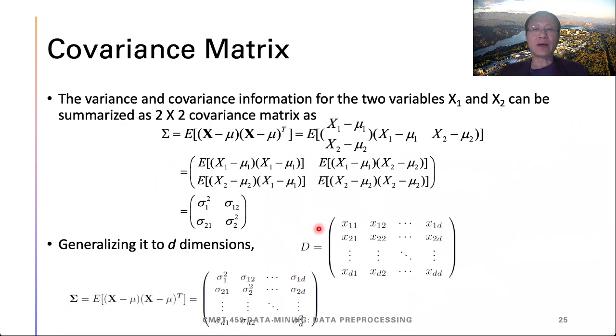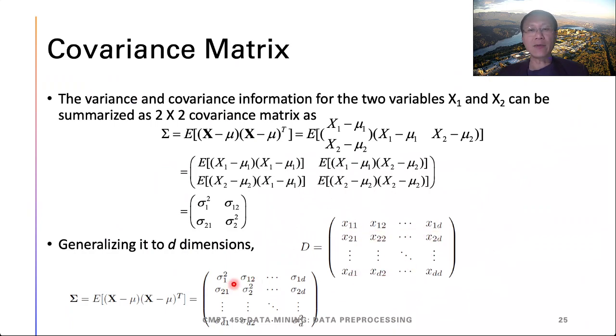Indeed, we may also form a covariance matrix if we have multiple variables and we want to observe the relationship among those attributes. Essentially, we have a data matrix here. Each row is a record and each column is an attribute.